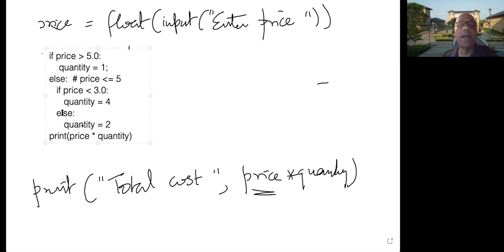The rule is an else matches with the most recent unmatched if. For every else, there has to be an if, and it matches the most recent if that is unmatched. So you check here. What is the most recent if?